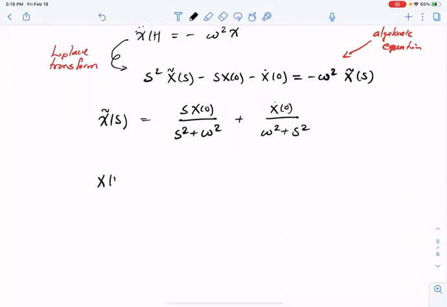So inverting this, s over s squared plus omega squared, that's going to be x naught times cosine of omega t.